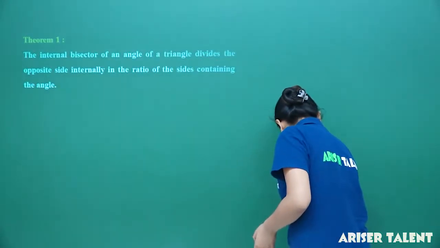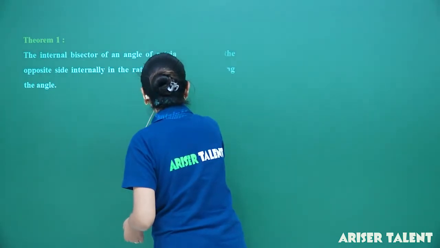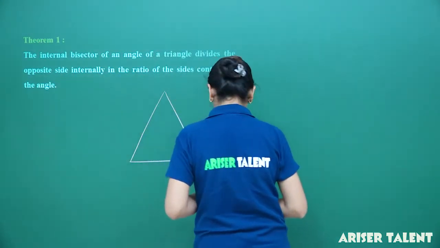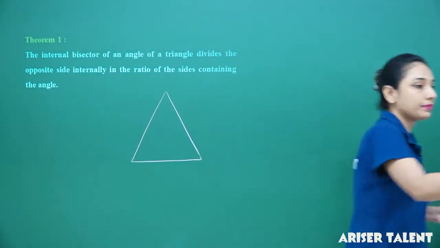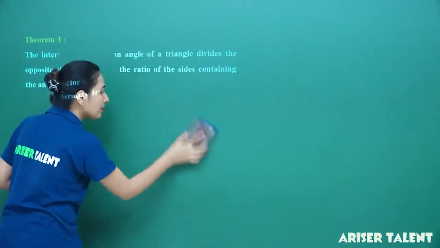So, what it is trying to say is that if I am having this triangle, let us make it here because we have to do some constructions.